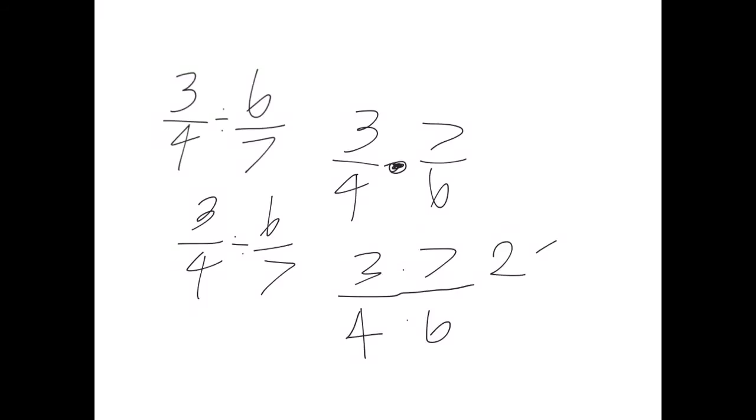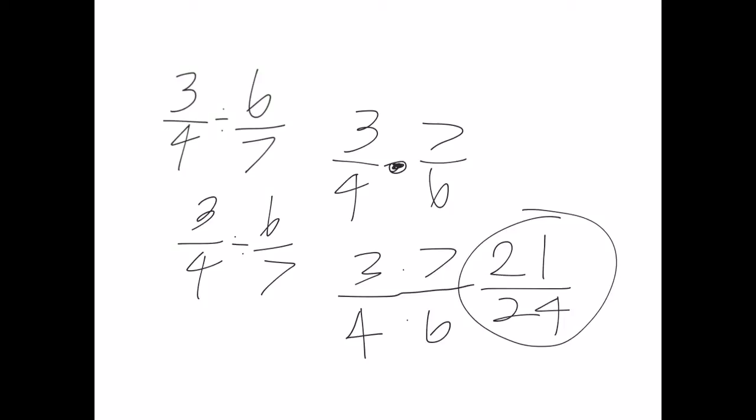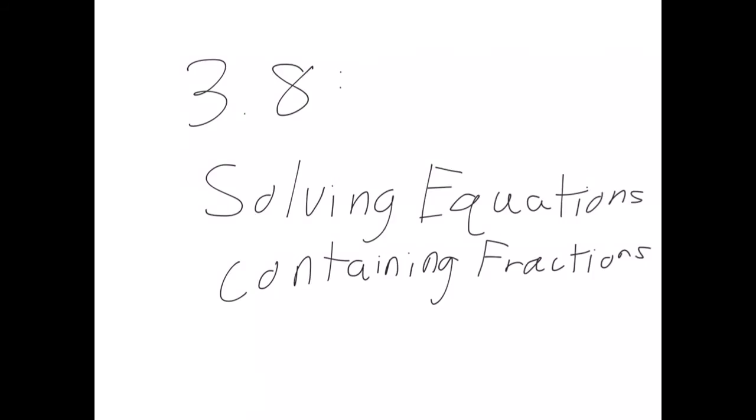It's 21 over 24. And that is your answer. And it can be simplified into 7 over 8.